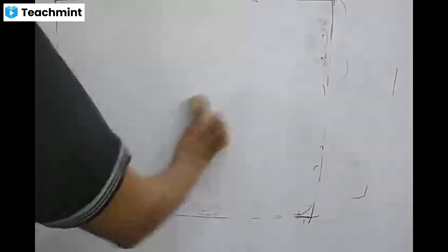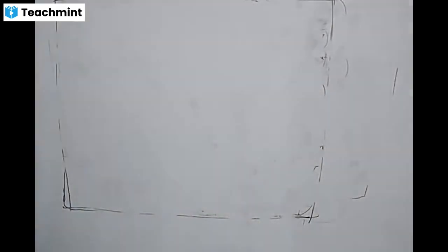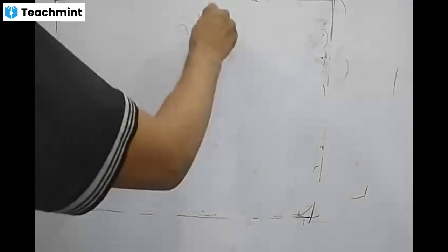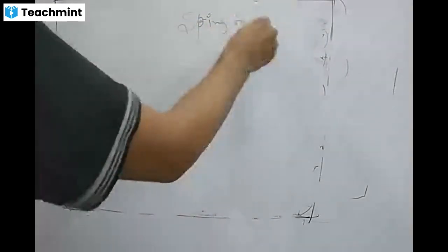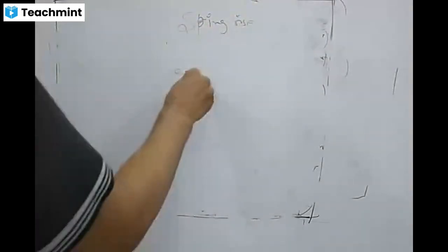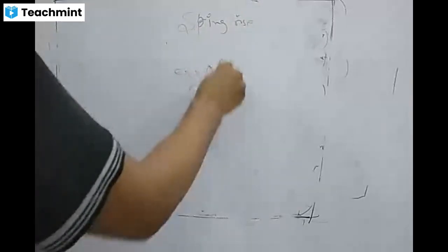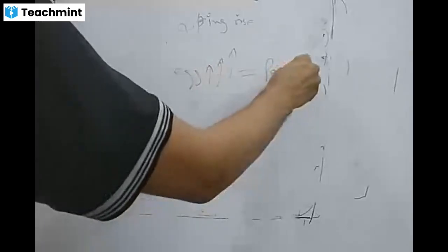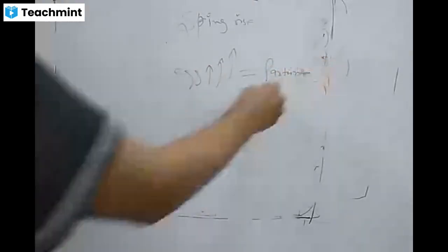Then one more important topic with Haemonchus was asked in 2019. That is spring rise. So what is spring rise? It means the number of eggs increases. At what time? Around the time of parturition.